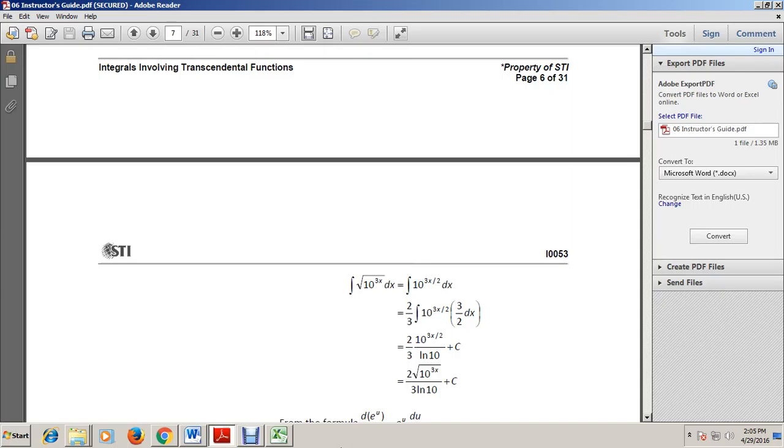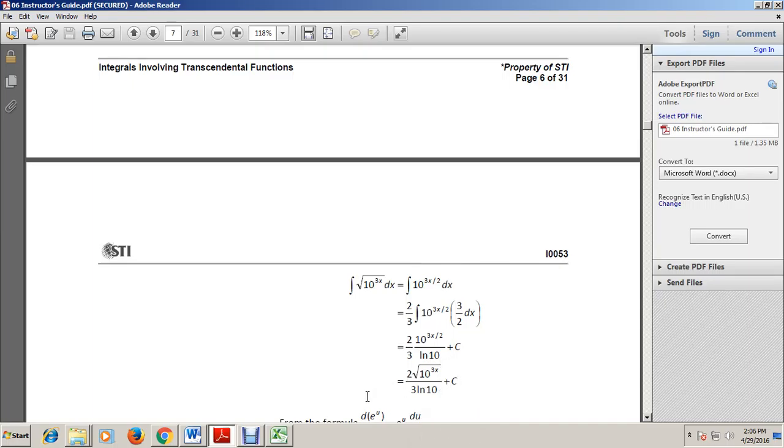Since this is a constant, just like what was presented in the earlier video lectures, a constant within your integrand could be placed outside the integral sign, to minimize confusion in the process of integration. Therefore, we could write the integral as 2/3 integral of 10 raised to u du.